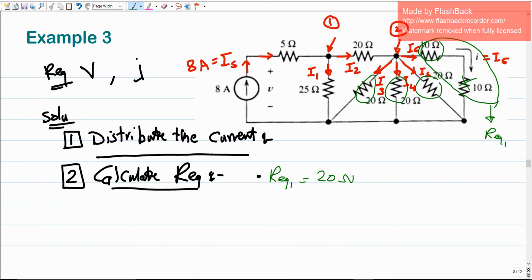Remember the definition of parallel: the current should be divided over them. In the previous examples, the current was split between 2 resistors, but it could be divided over 3 or 4 or 5 or 10 resistances. Here it has been divided over 4 resistances.